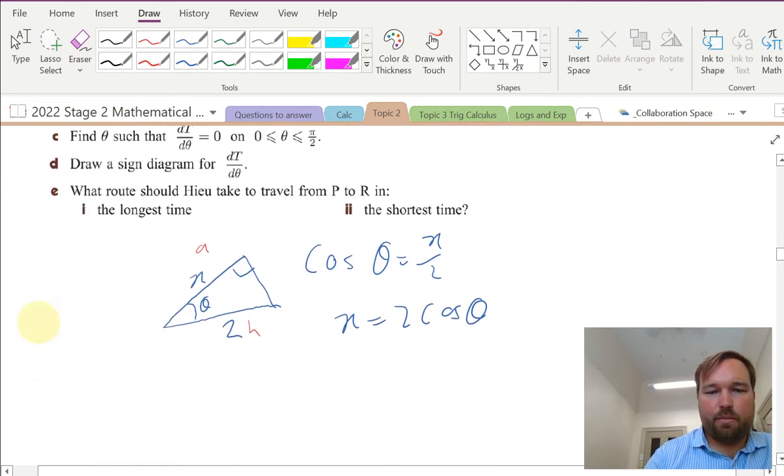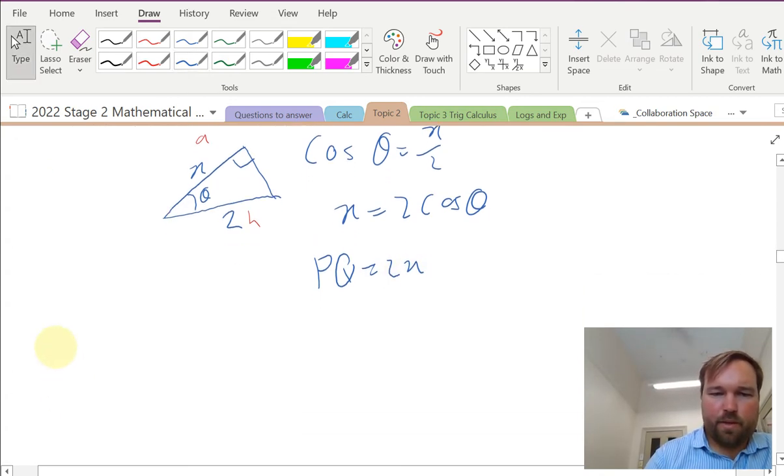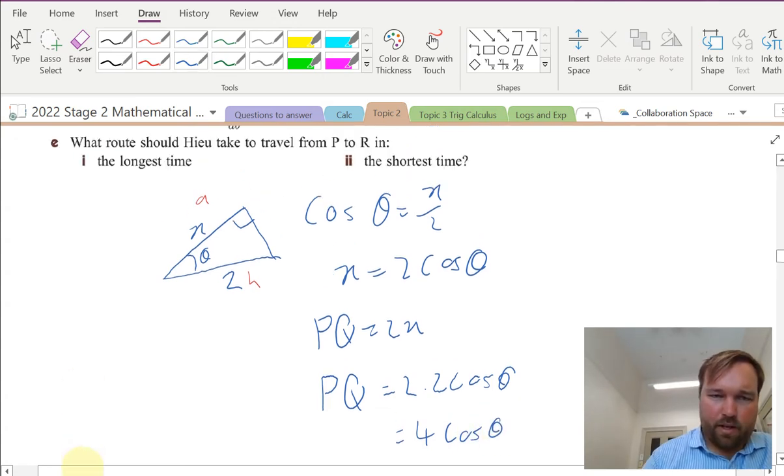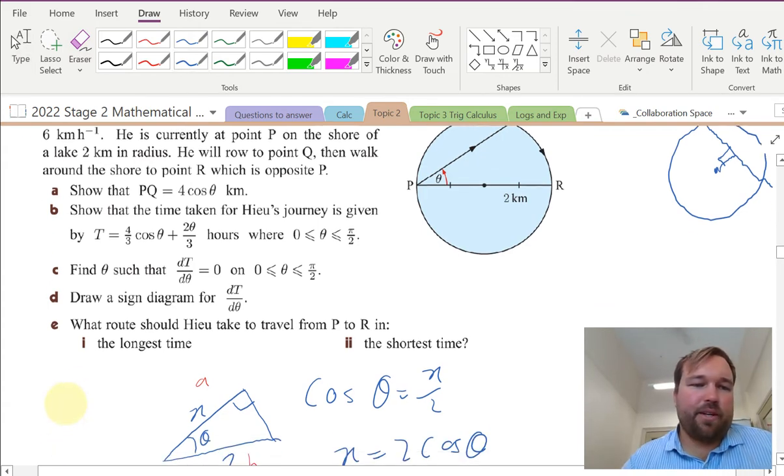But because PQ equals 2x, therefore PQ is 2 times 2 cos theta, which is the same as 4 cos theta. Alright, so that right there is 4 cos theta.